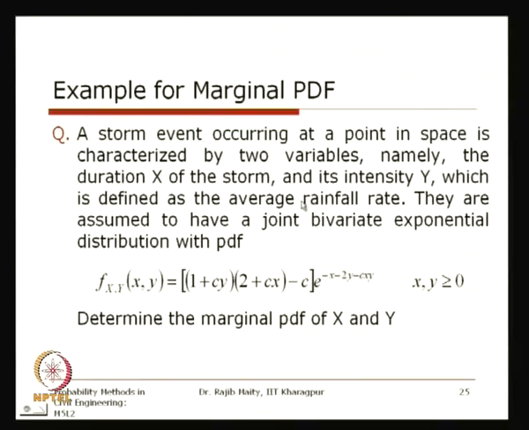And what we have seen there is that if this is the joint distribution form, then what should be its marginal PDF for this x and y. So in the earlier problem, we have shown that this is the marginal, this is the joint, and we are asking for the possible range of this value of y.